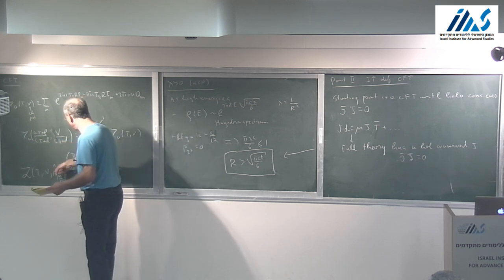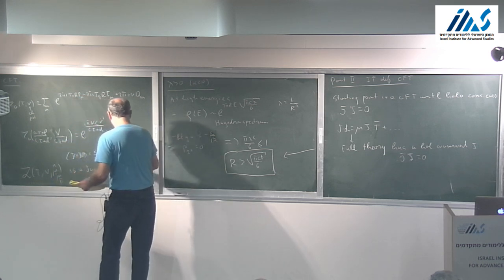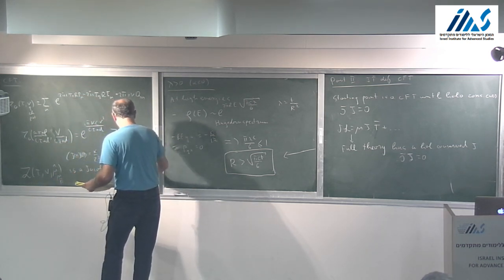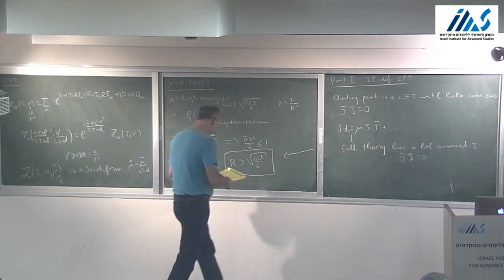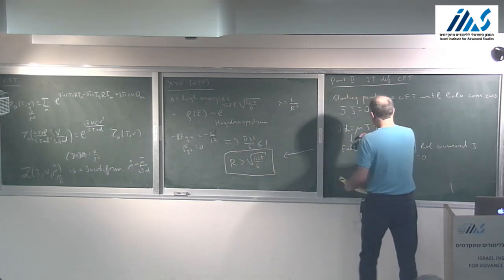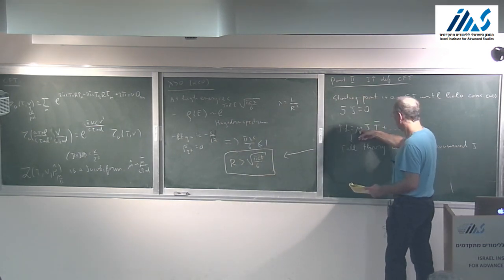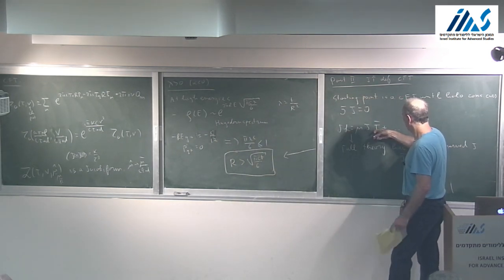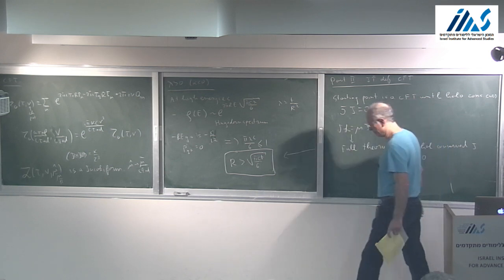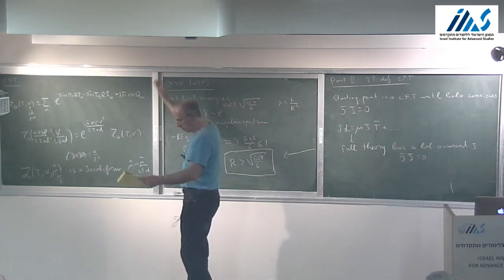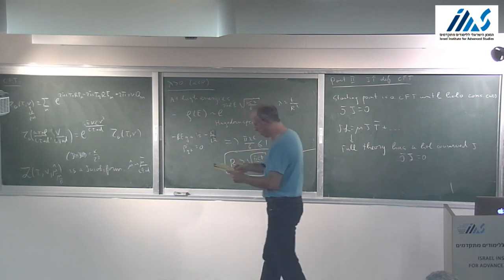So nu transforms like this, and mu hat transforms to mu hat over C tau bar plus D, which has to do with the fact that it's not marginal on the bar side. And then you can just run the whole exercise again.